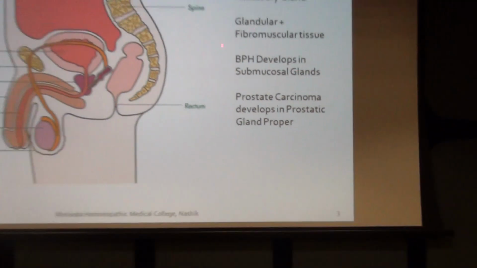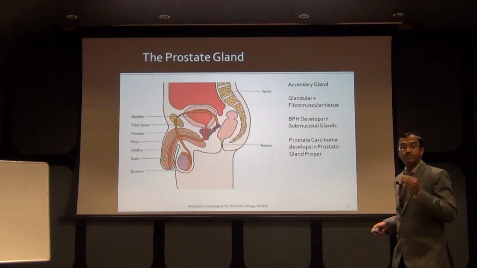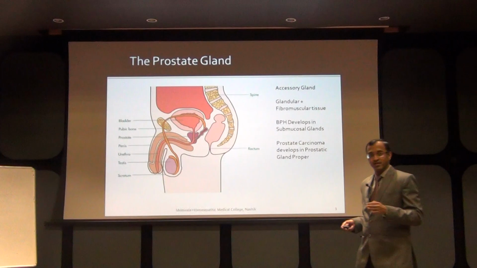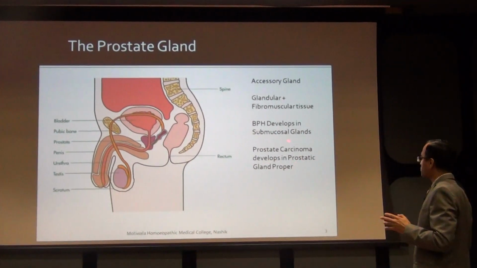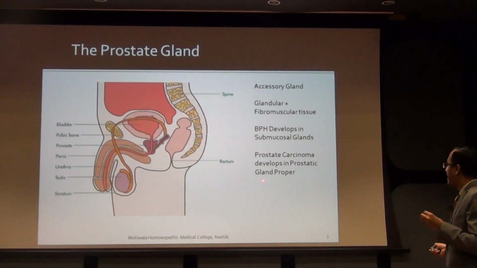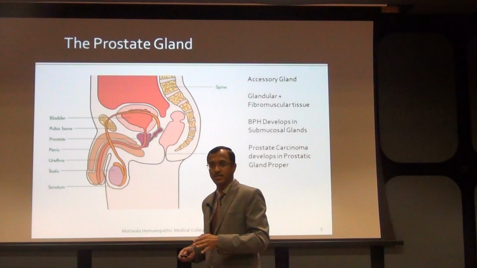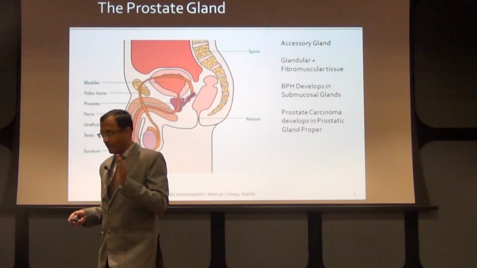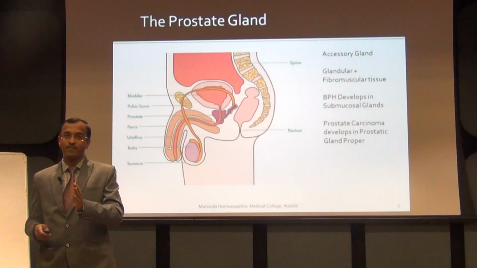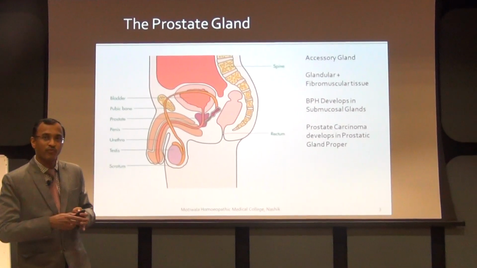Now, benign prostatic hypertrophy usually develops in the submucosal glands, whereas prostatic carcinoma develops exactly in the glandular region. That is the basic histopathological difference where we can differentiate benign prostatic hypertrophy and carcinoma of prostate.